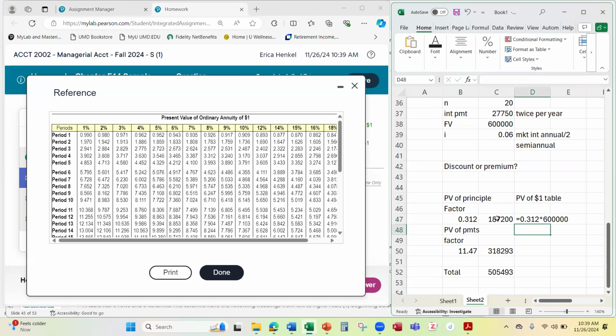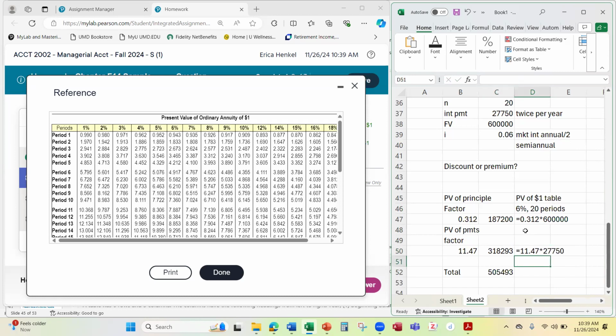The $600,000 times the present value factor that I got from the $1 table in the 6% column and 20 periods. And then this one down here is the payment amount that we calculated, the 27,750.